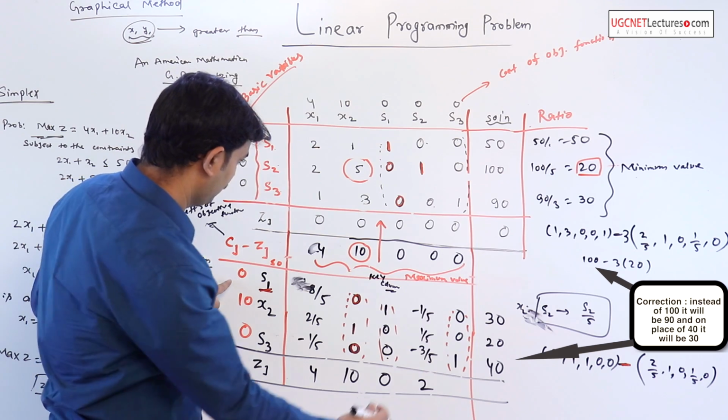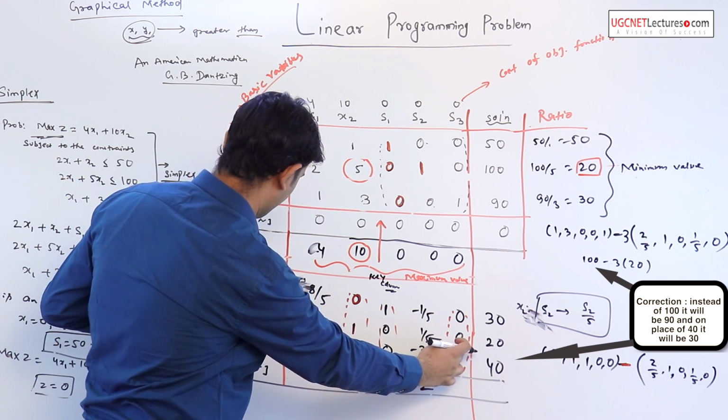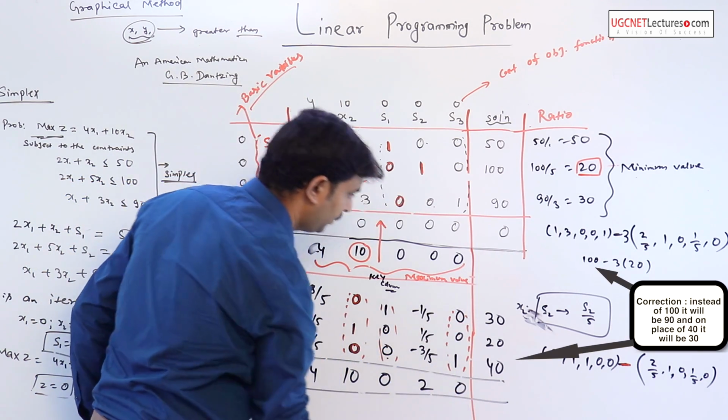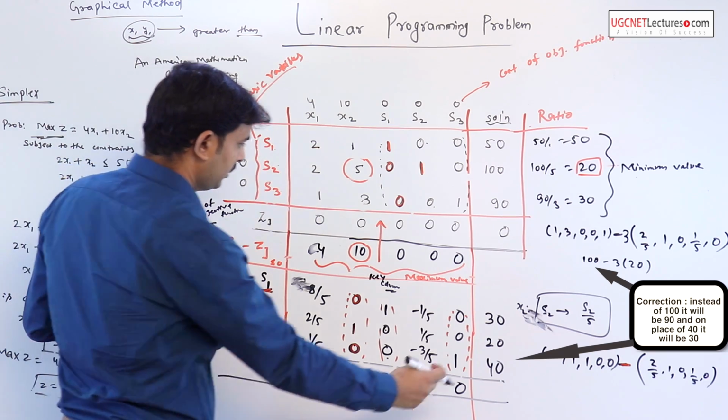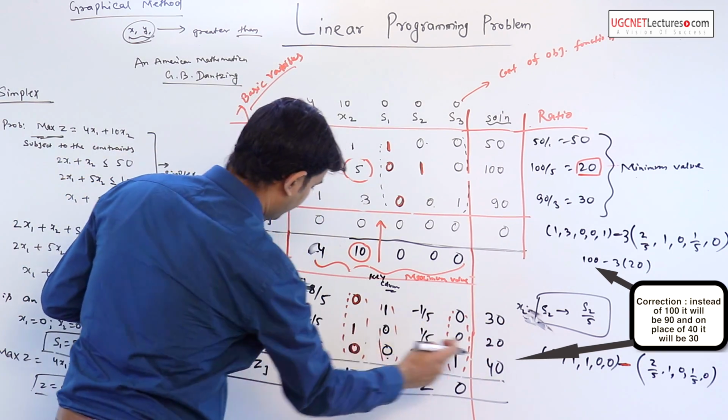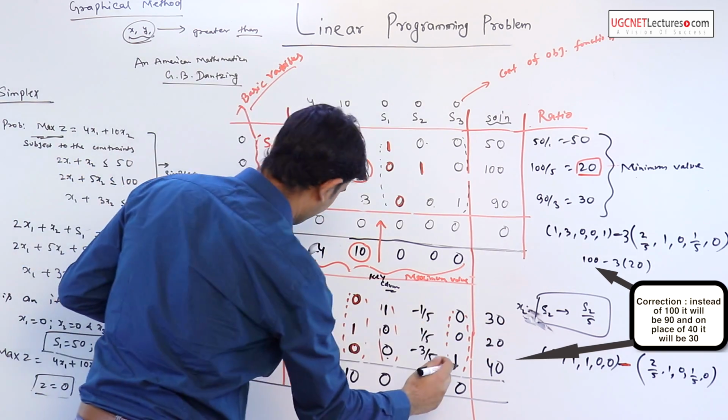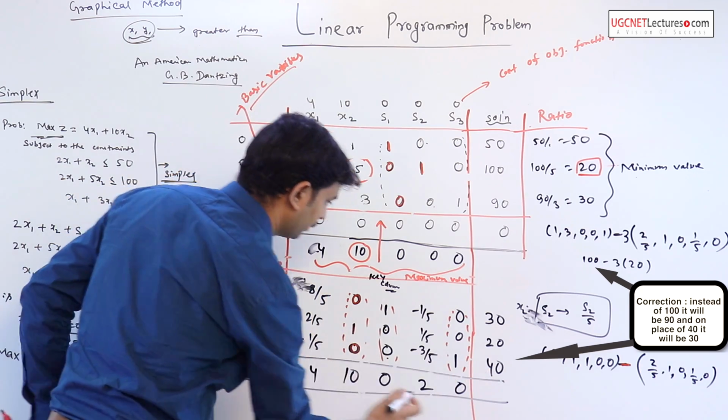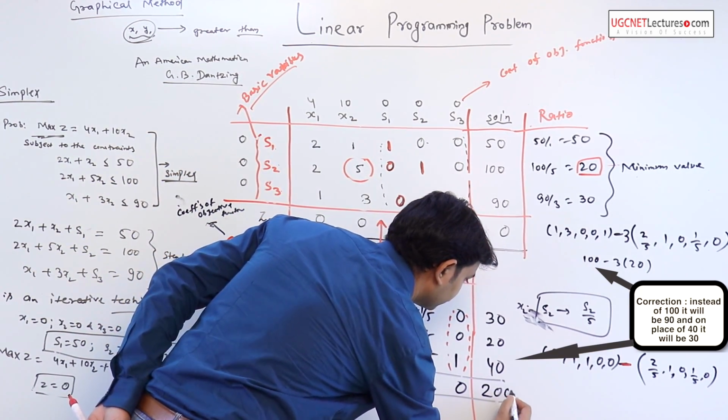Similarly, 0, 0, 0. Similarly for the solution, 20 into 10 is 200 plus 40 into 0, that gives 200.